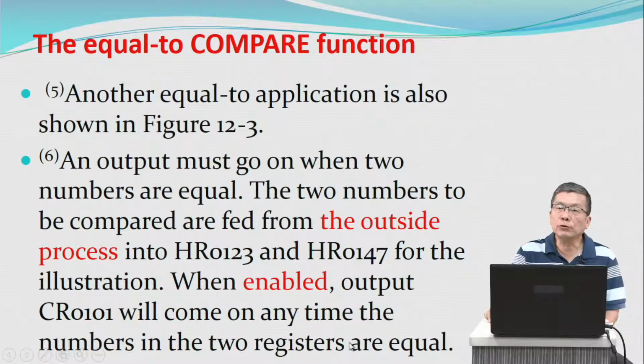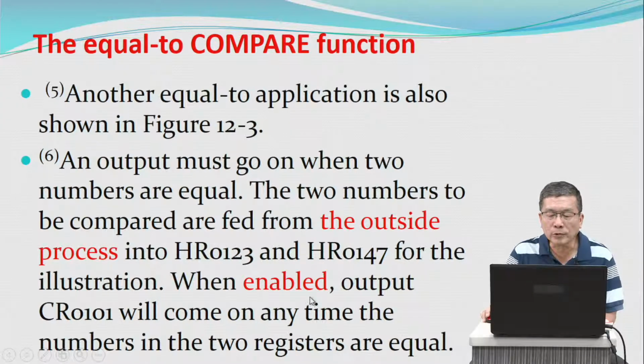Another equal to application is also shown in figure 12.3. An output must go on when two numbers are equal. The two numbers to be compared are fed from the outside process into holding register 123 and holding register 147 for the illustration.